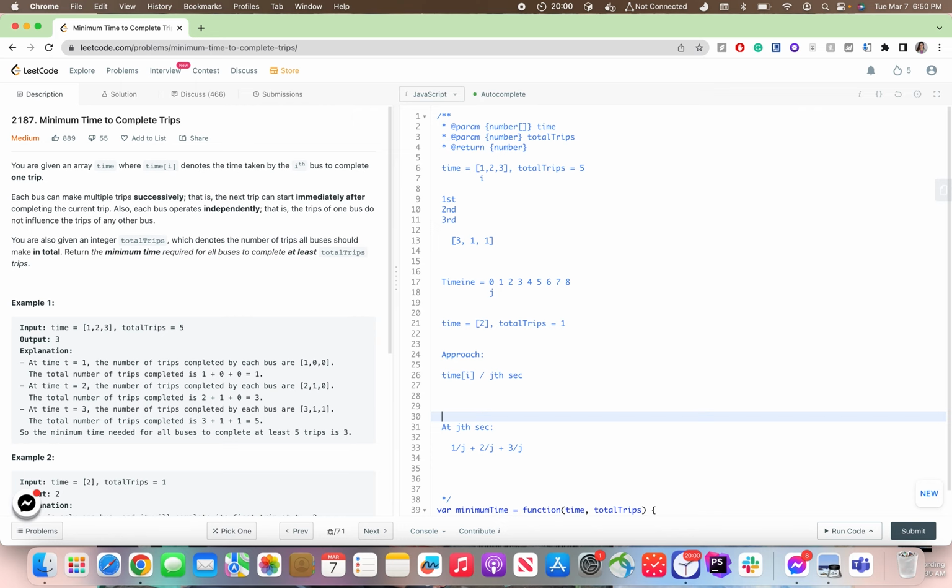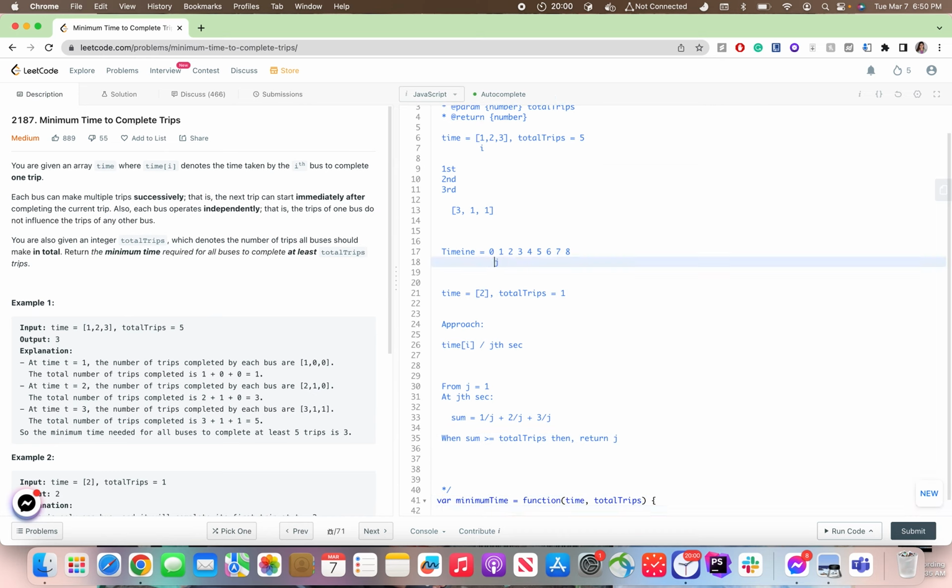I would start from j is equal to 1, and when this sum is greater than or equal to total trips, then return j, and that would be the answer, right?